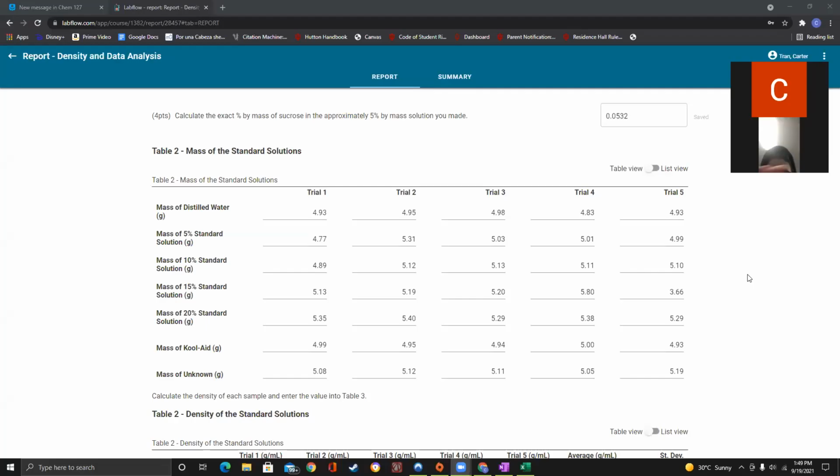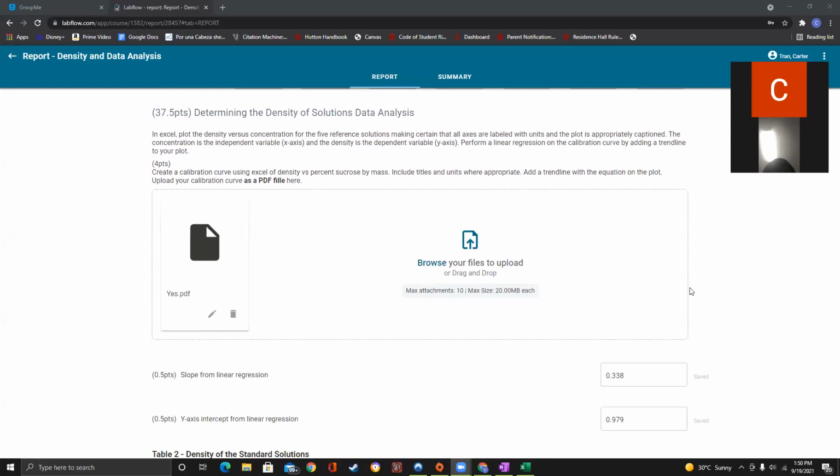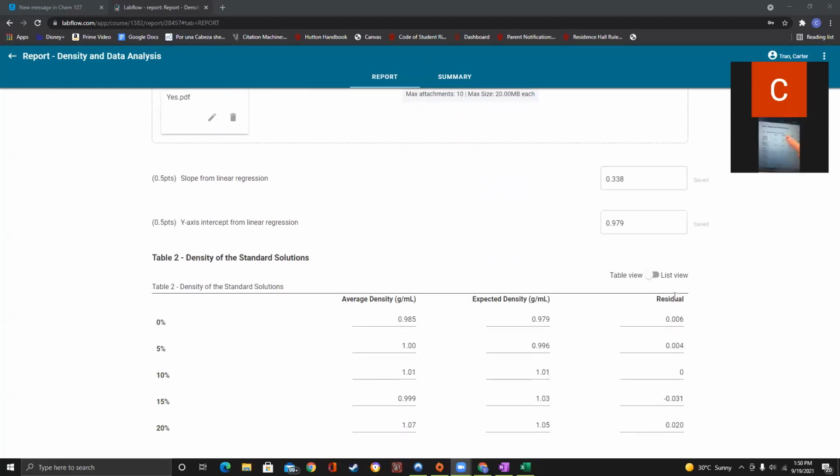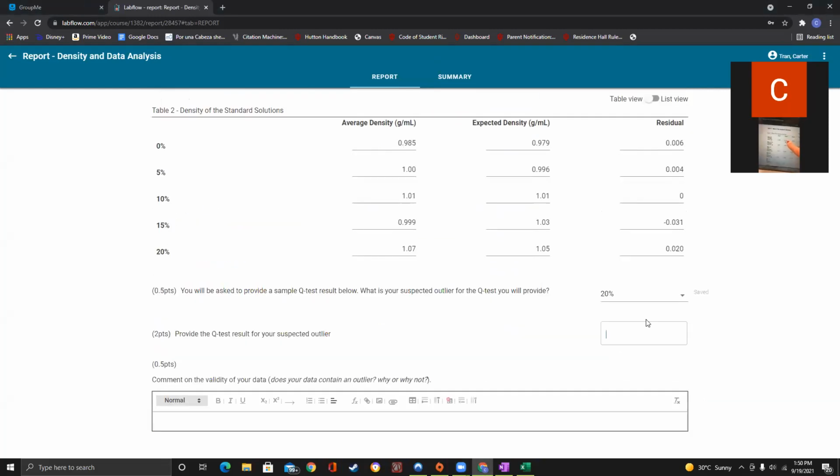Oh my God, you're right. That's great. Thank you. I'm actually dumb. So for trial 2 for the mass of distilled water, the 8.773 should be subtracted by the 3.786 to get trial 2, is what you're saying?